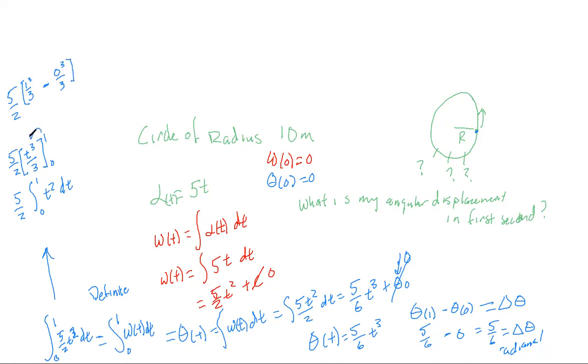Notice what I did was I plugged this in and then I subtracted plugging this in. This is the expression at 1. This is the expression at 0. And that's in fact exactly what we did down here, just without the formal notations. And so I plugged that in. It's just 1/3, 5 halves times 1/3, which is 5/6.